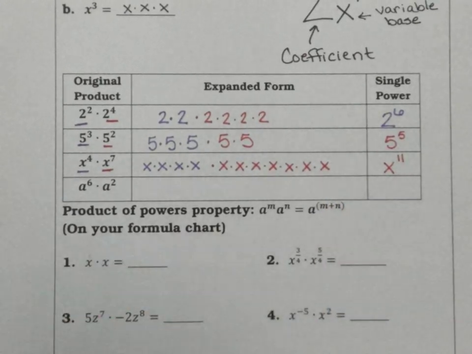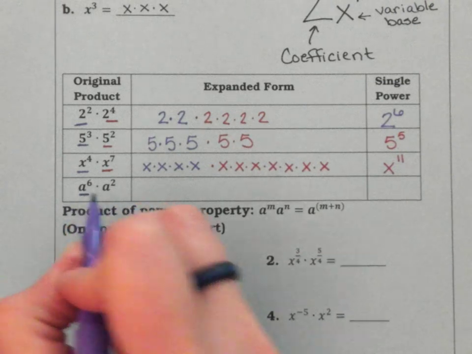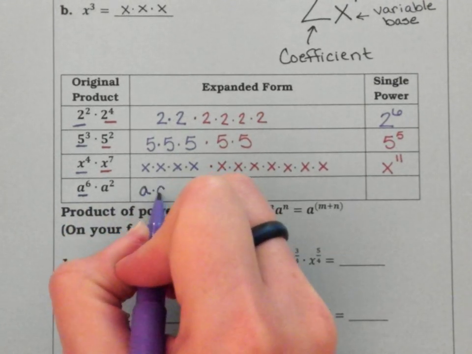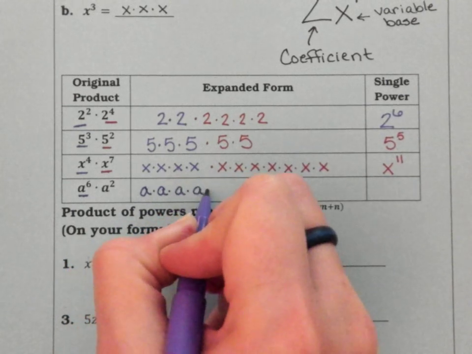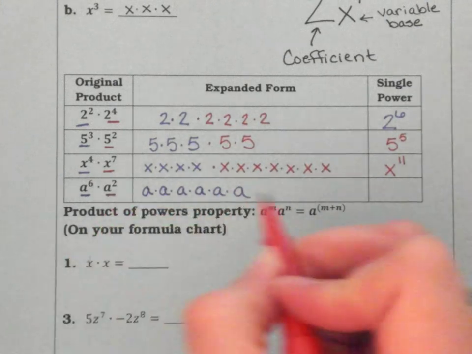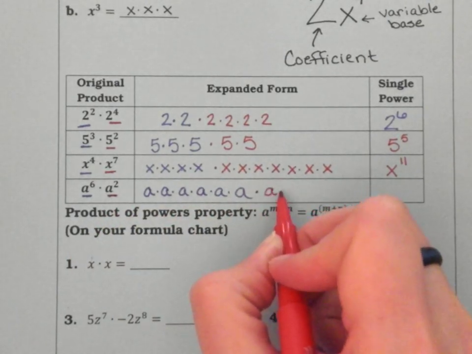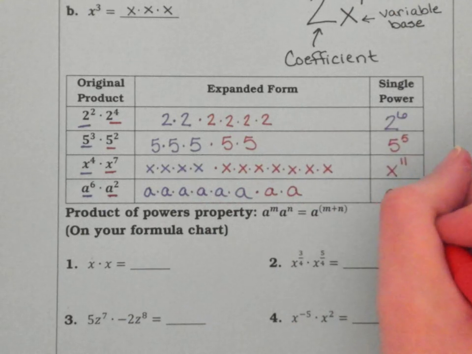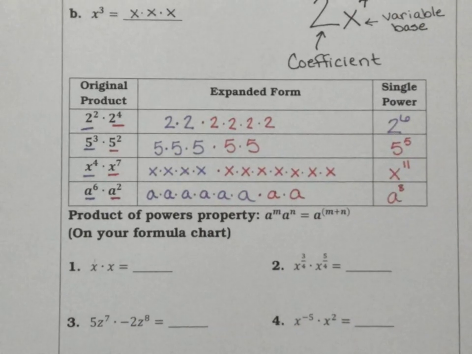And one more. I have a to the 6th power, so that means that there are 6 a's. And then I have a squared, which means that there are 2 a's. And if we add them all up, that's a to the 8th power.